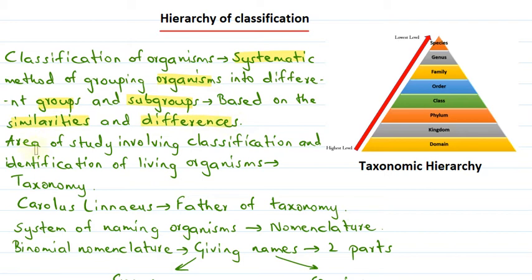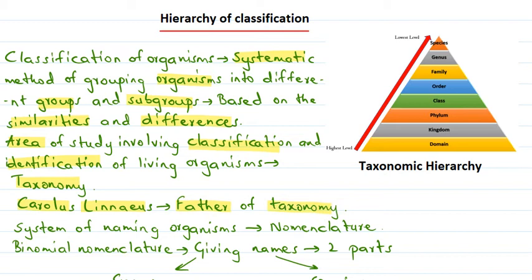This field of study that involves classification and identification of living organisms is called taxonomy. The scientist Carolus Linnaeus was the first person who introduced taxonomy, hence he is known as the father of taxonomy.